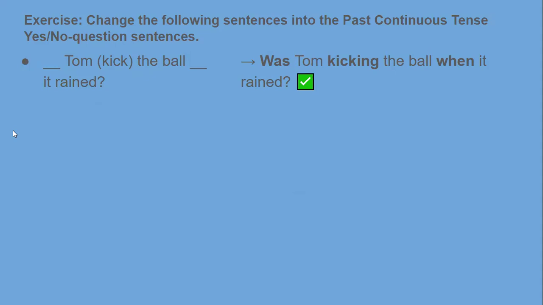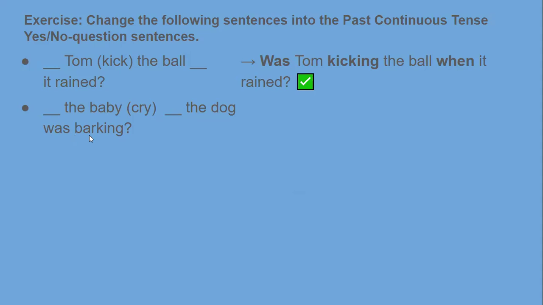Okay, next up. Gap, the baby crying. Gap, the dog was barking. So you have the subject here, which is the baby, and the baby can be a he or a she, and therefore it means we have to use the past verb to be was, and then our verb needs to end with an ing to indicate that the sentence is continuous.